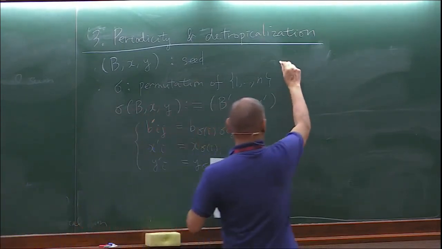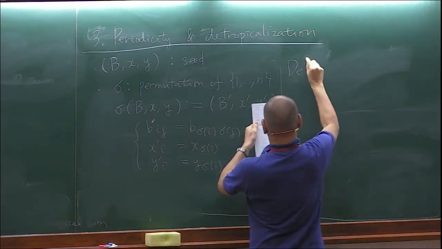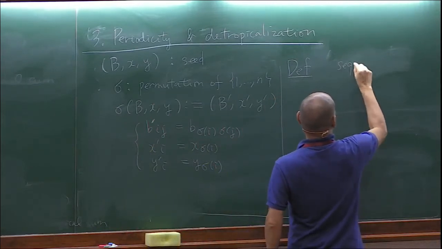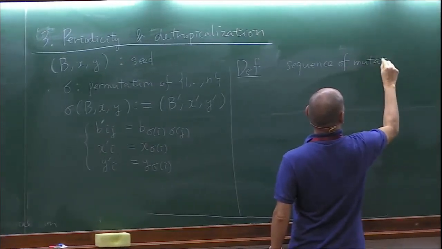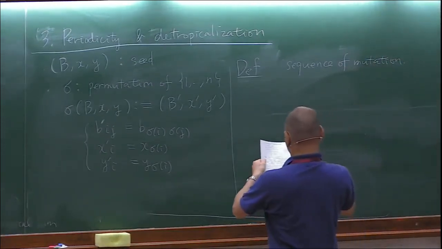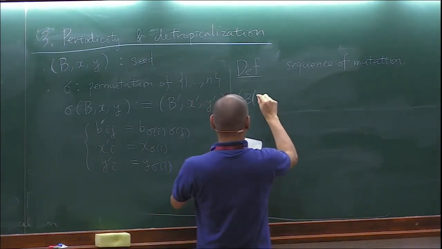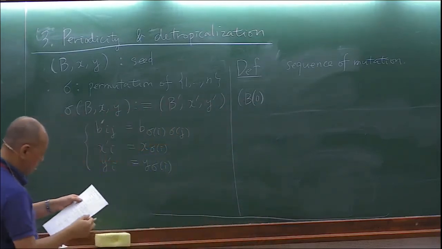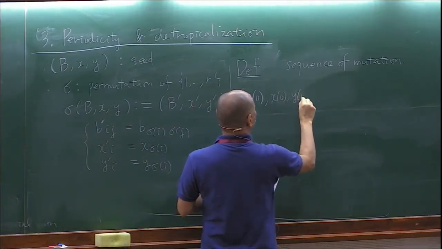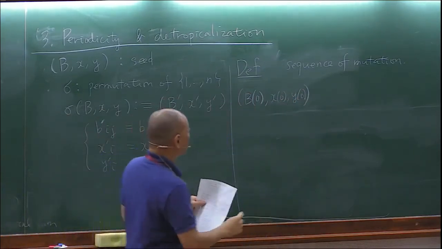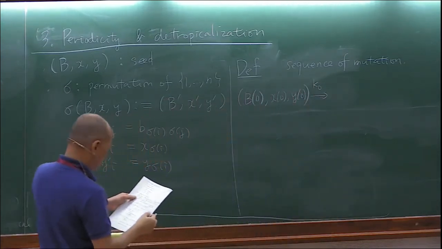Using these things, I define: suppose you have a sequence of mutations. It's kind of a discrete dynamical system, so I introduce the discrete time 0 to t for the notation. Suppose this is the initial seed, and at time 0, you make a mutation in a given direction, k0.